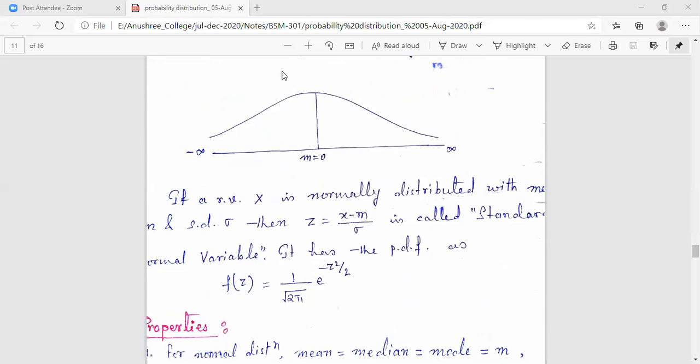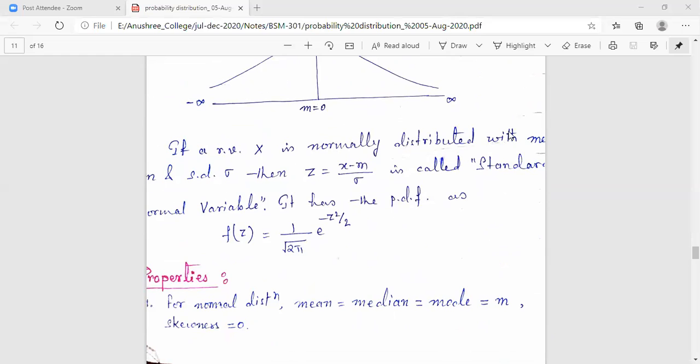If a random variable x is normally distributed with mean small m and standard deviation sigma, then the transformation z equals (x minus m) by sigma is called the standard normal variable. This variable z has the probability density function f(z) equals 1 by root 2 pi e to the power of minus z square by 2.